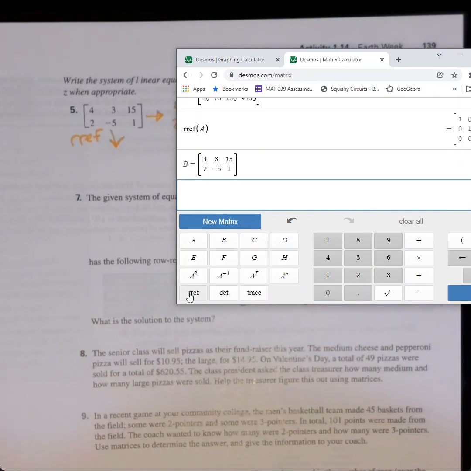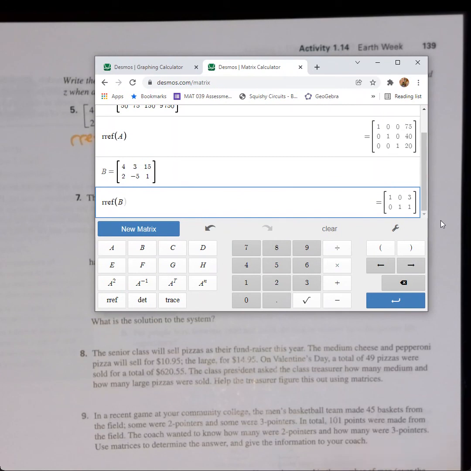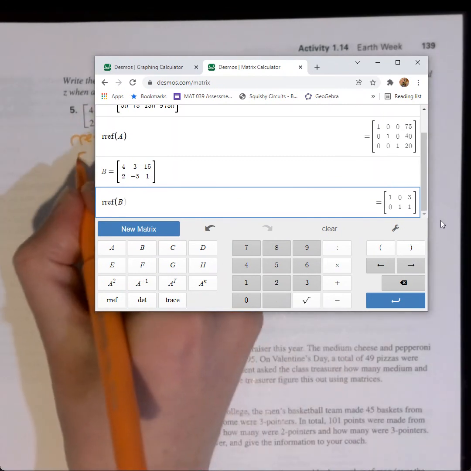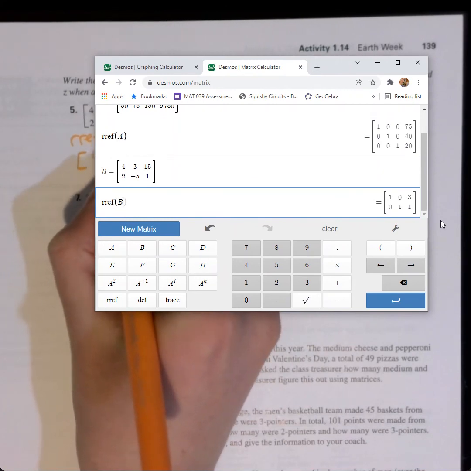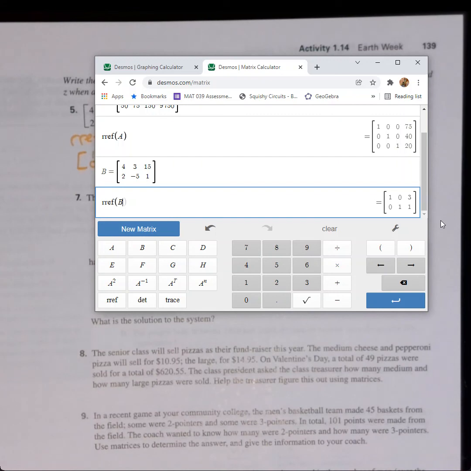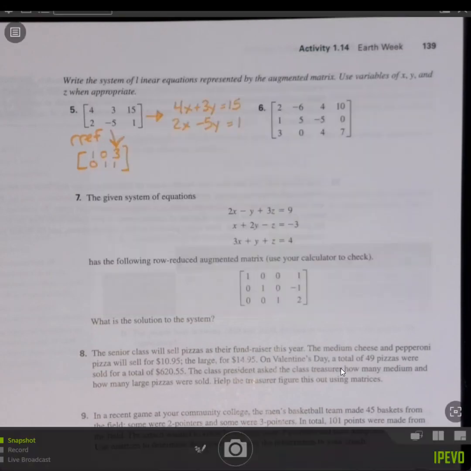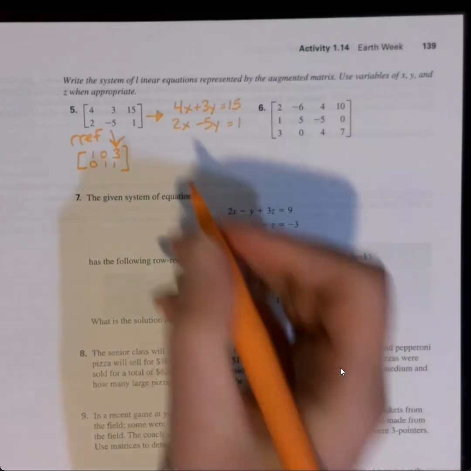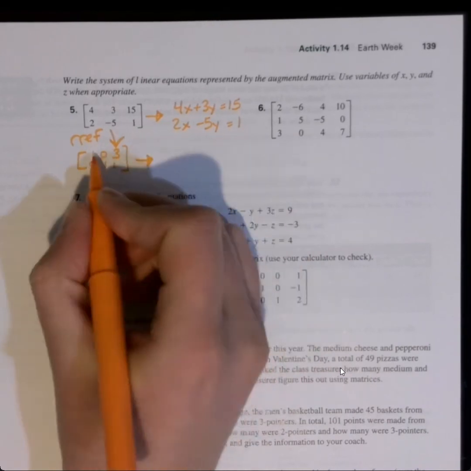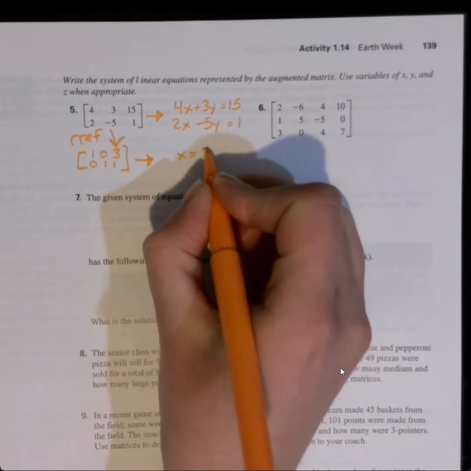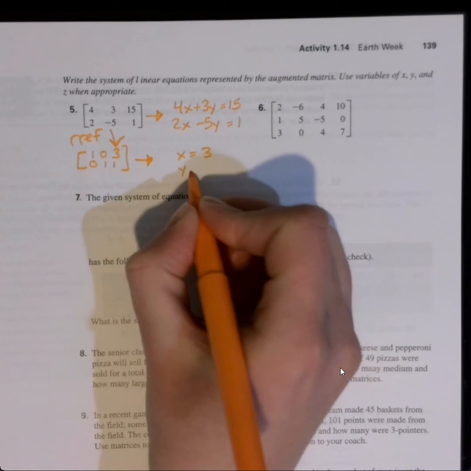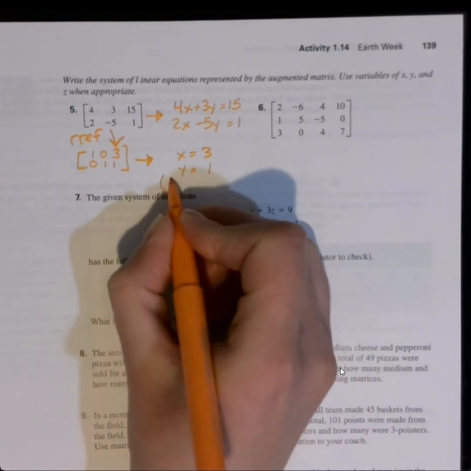And now I want it to do RREF of B, since the name of this new matrix is B. And our solution here for this matrix is, I'm going to write this down, we have 1, 0, 3, 0, 1, 1 for the RREF row reduced echelon form of that matrix. And so that means that our solutions are 1x is 3, 1y is 1, or the ordered pair 3, 1.